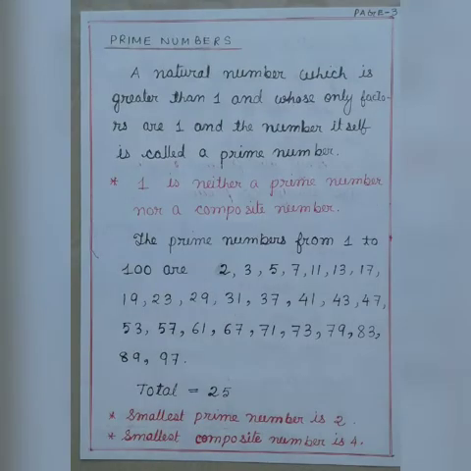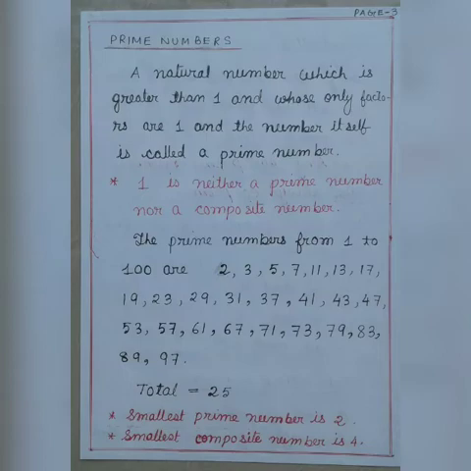The prime numbers. A natural number which is greater than 1 and whose only factors are 1 and the number itself is called a prime number. That means a prime number has only 2 factors, 1 and the number itself. One important note is the first natural number 1 is neither a prime number nor a composite number.